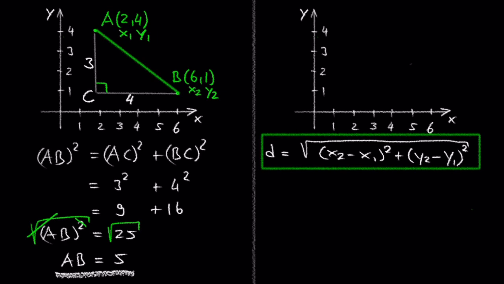Let's do another example and use this formula. Find the distance between D (5, 4) and E (1, 2).